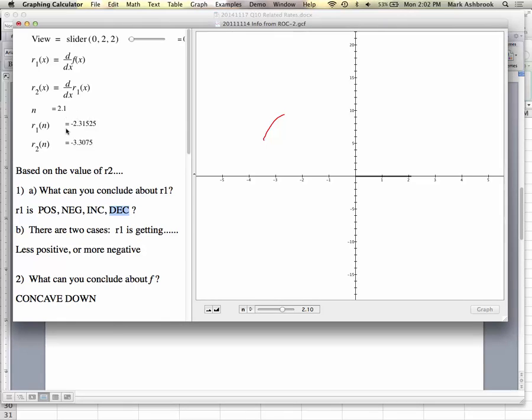Okay? If R2 is negative, that means that whatever it's the derivative of must be decreasing. Is R1 getting less positive or more negative? It must be more negative, because I showed you that R1 is also negative.